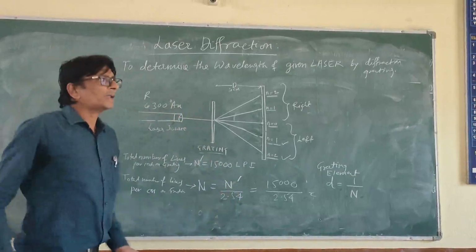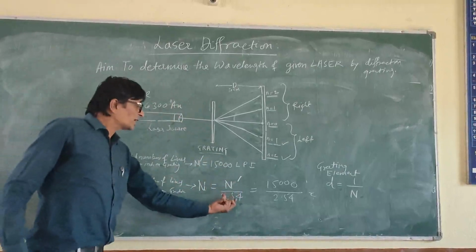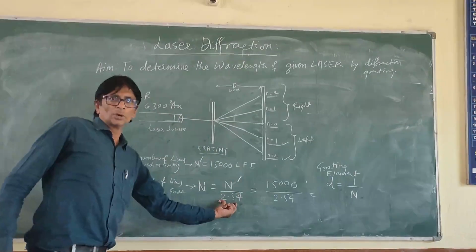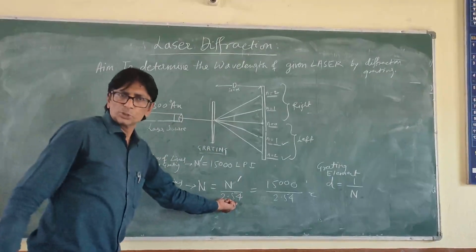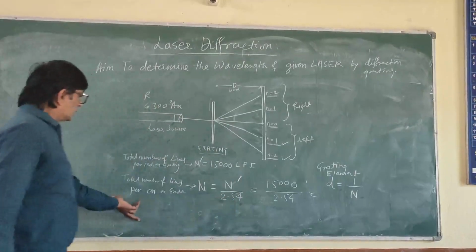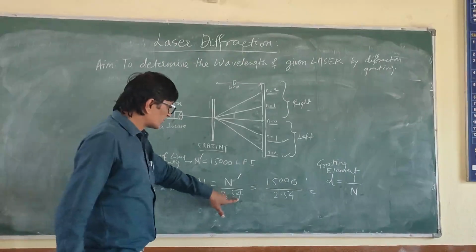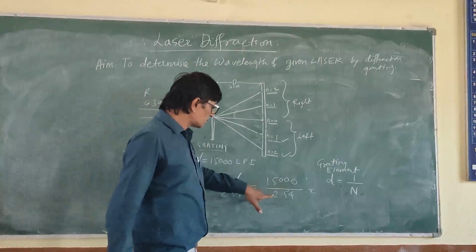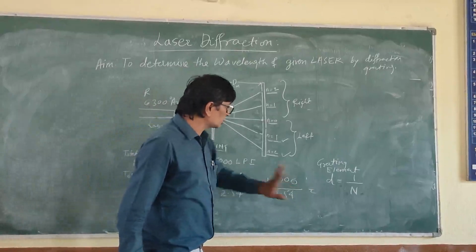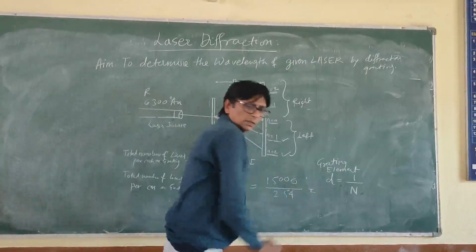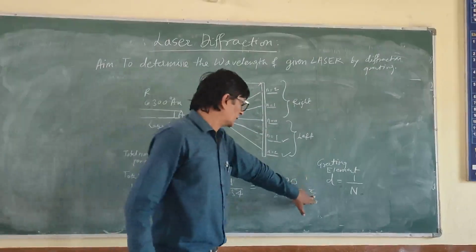Because 1 inch is equal to 2.54 centimeters, as all of you know. You have studied it in PUC. So n is equal to n dash divided by 2.54, that is 15,000 divided by 2.54, equal to whatever value comes, and you write it here.